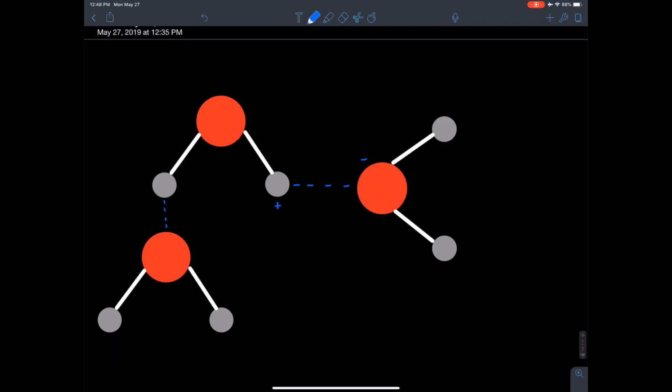And this is the key to the properties of water. So what do we call this right here? It's a hydrogen bond. So hydrogen bonds exist between hydrogens and three elements. Do you remember what those elements are?